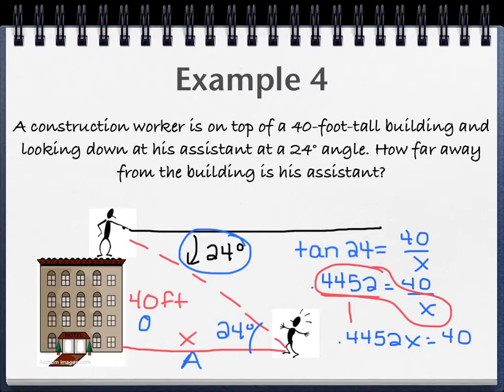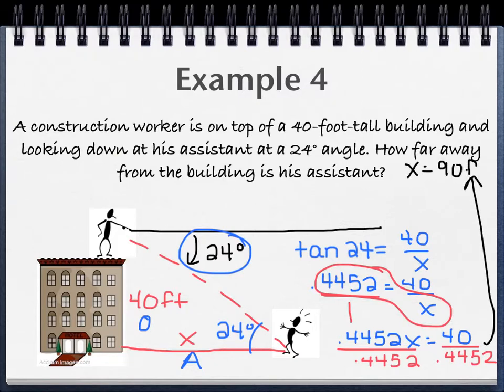And then I'm going to have to divide by the 0.4452. I'm going to come out with pretty close to 90 feet if I round upward. Okay, so x equals 90 feet away from the building. Okay, that would be this distance here.